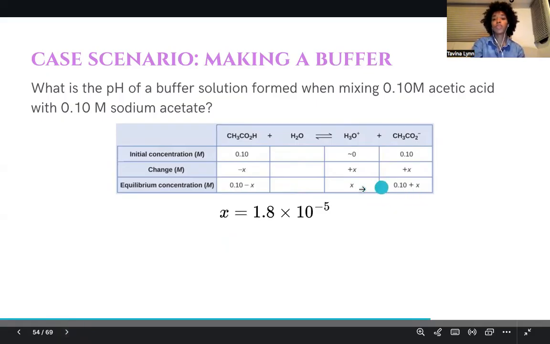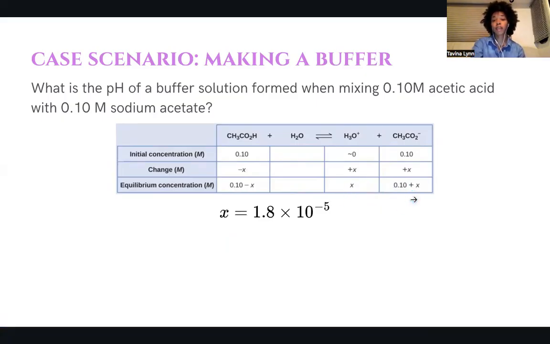So when we do X times 0.10 plus X over 0.10 minus X, based on our Ka value, we can make the simplified assumption that X is pretty small compared to 0.10. So 0.10 plus X and 0.10 minus X is going to reduce to 0.10. So X is just equal to 1.8 times 10 to the minus 5.